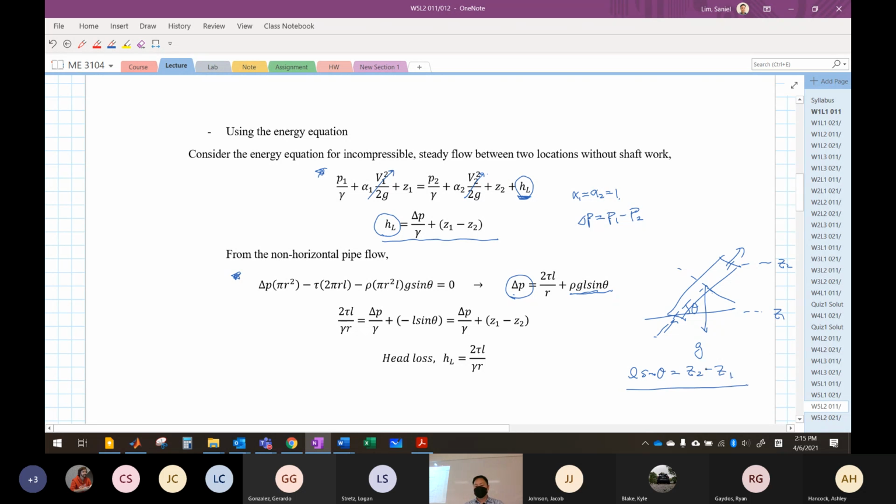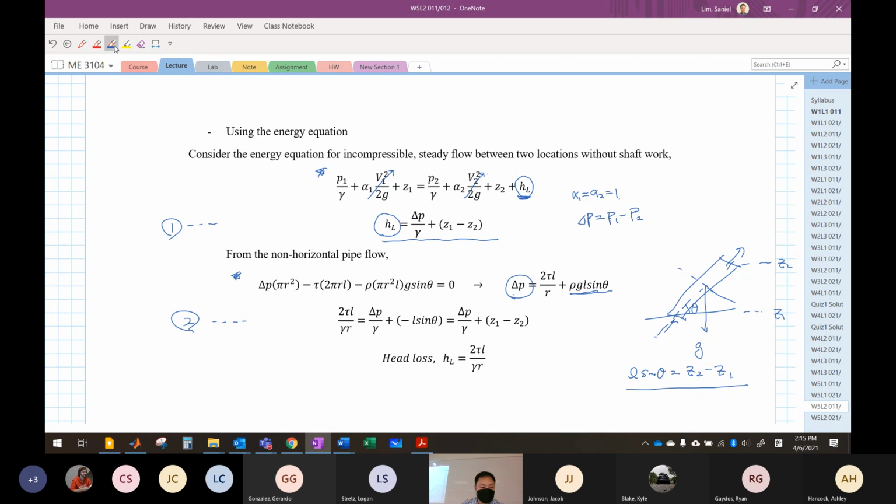Here we just try to match this equation to that one. Then we include the negative sign in front of the L sine theta, and you can simply change it to Z1 minus Z2.